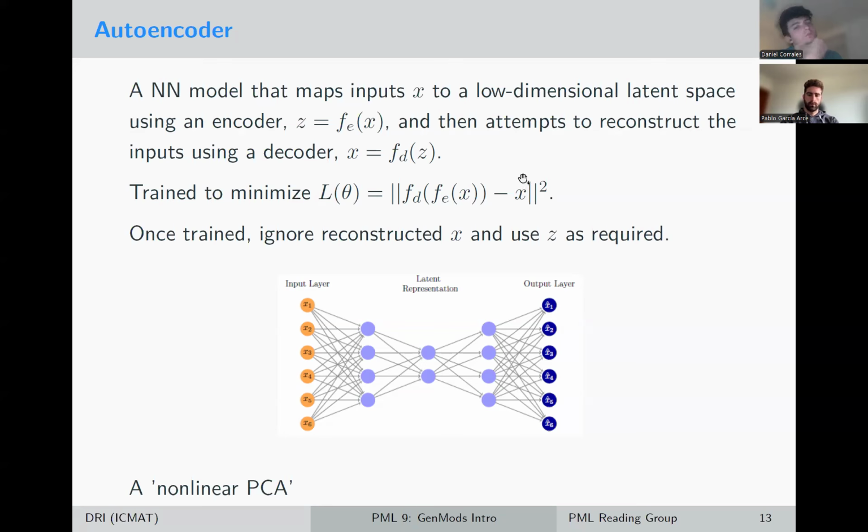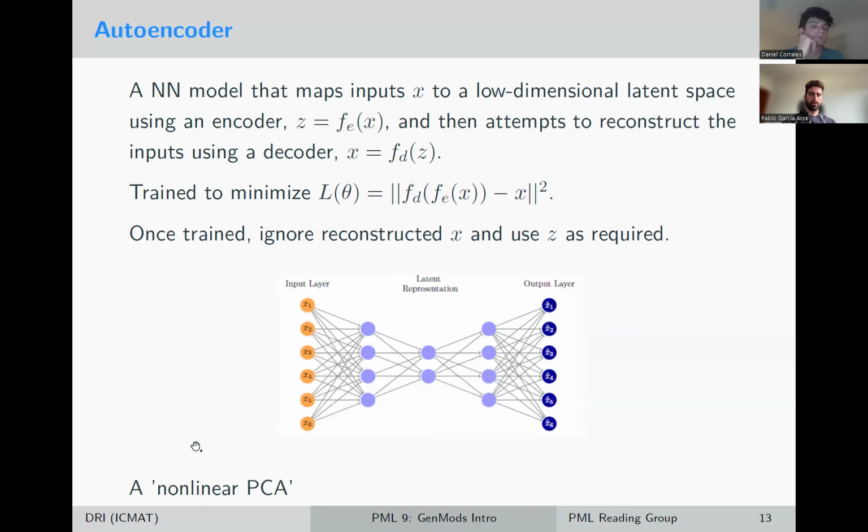The basic idea is that we first encode and then we decode, so we want these outputs to be close to the inputs. That's the standard: we're minimizing the square norm, which is maximum likelihood with normal noise, as we have described before.